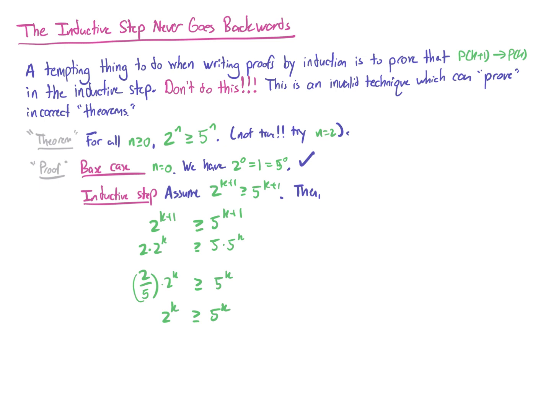So my backwards inductive step gives 2 to the power k is greater than or equal to 5 to the power k, as was to be shown.